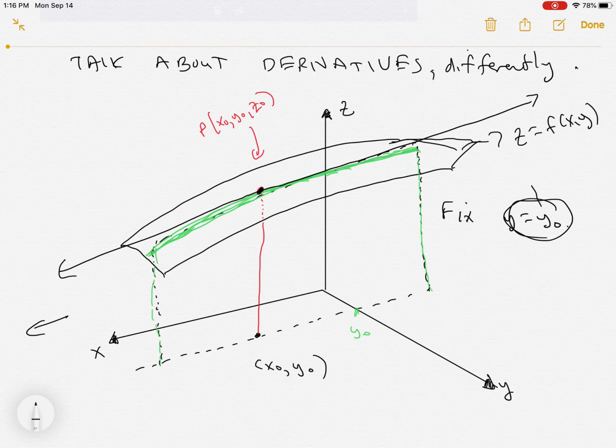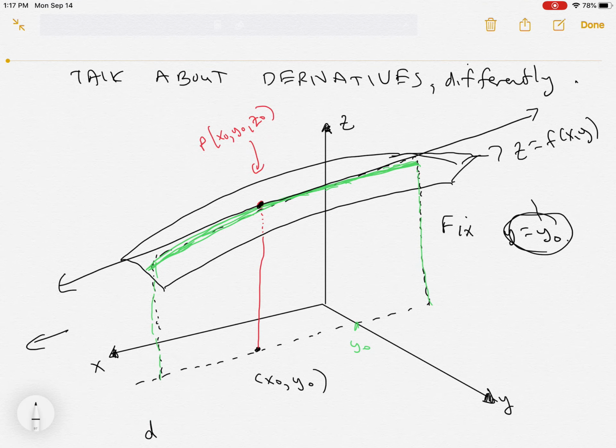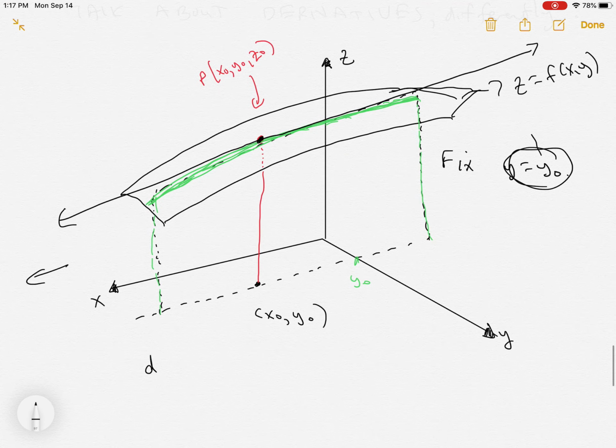So what we do is we take the derivative with respect to x. But this is the partial derivative with respect to x.